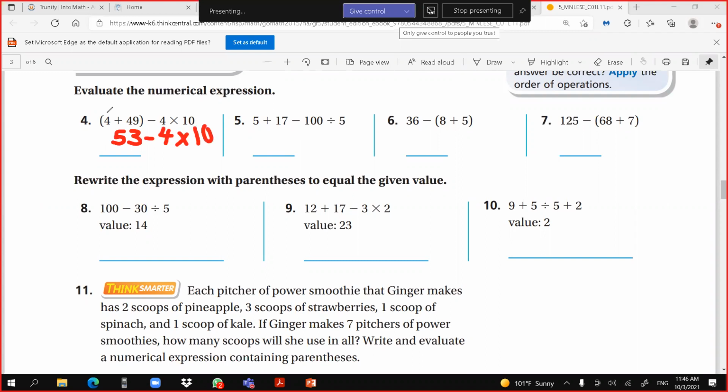Then what do you have to do next? No, wait, Hunada. I told you multiplication and division, so multiplication is first. 40, bravo.